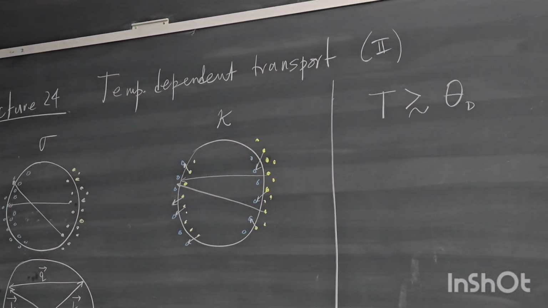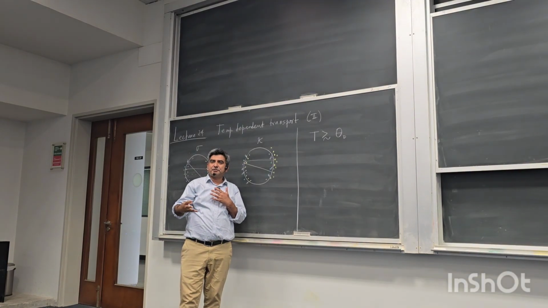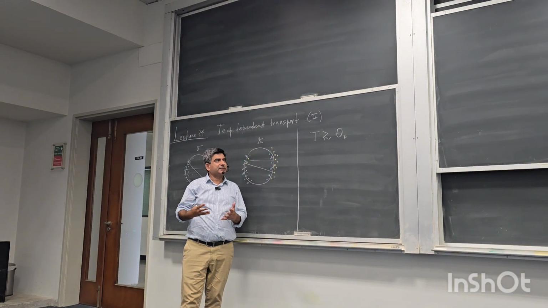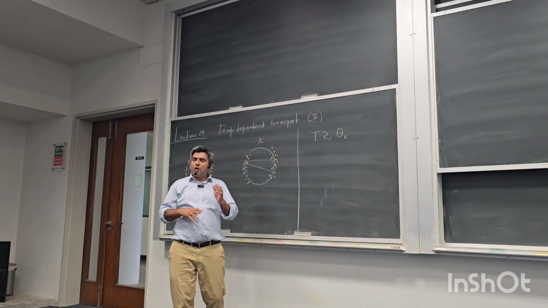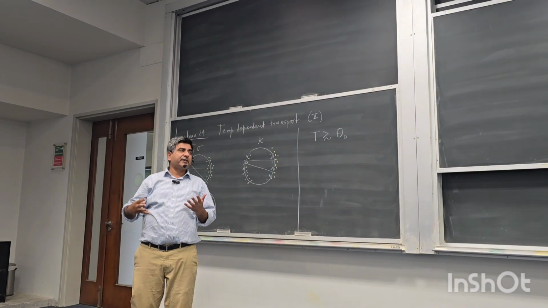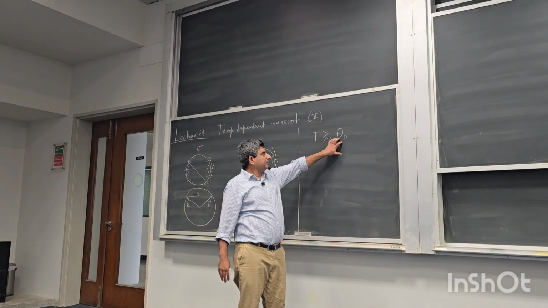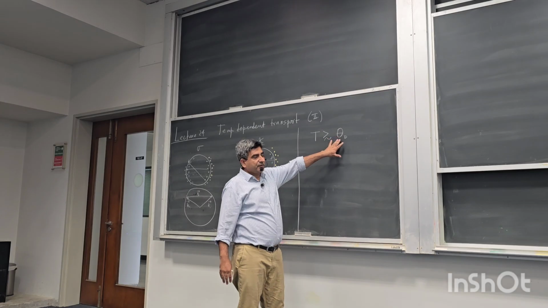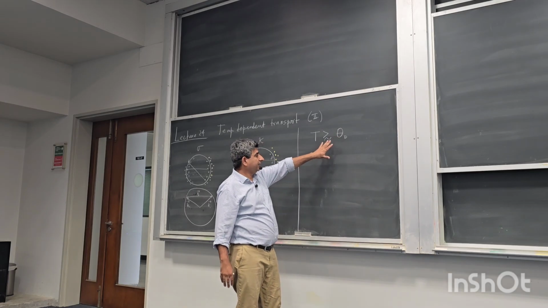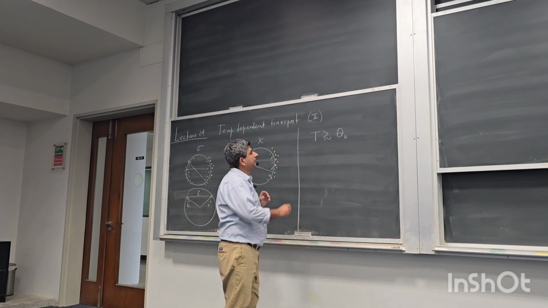Now solids have a Debye temperature which is of the order of room temperature and thereabouts. So if a metal is at room temperature or temperatures slightly larger than room temperature, of the same order of the Debye temperature, and I'll show you a plot of the Debye temperatures for different solids shortly in this class. So what happens in this case?